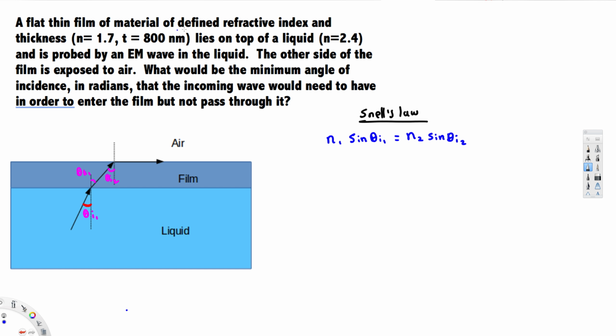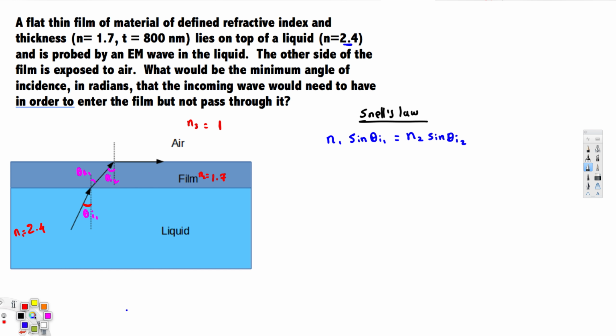The index of refraction of the liquid is given as 2.4, so our n1 is equal to 2.4, and the index of refraction of the film is given as 1.7, and for the air it's just 1. Let's call these n1, n2, and n3. Now we have this equation.